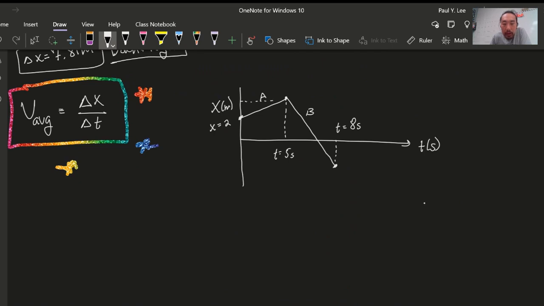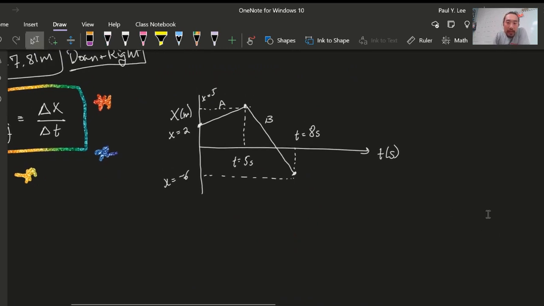And that data point right there, we'll make this 5. And then this data point down here, or this coordinate, we'll call that x is equal to -6. All right. So here we have our different coordinates for this graph.